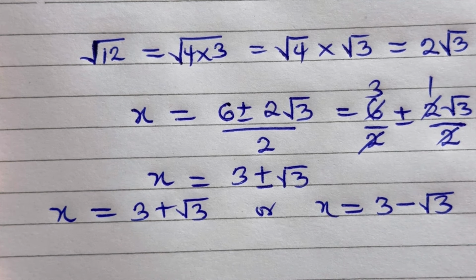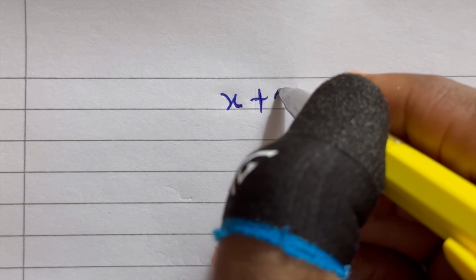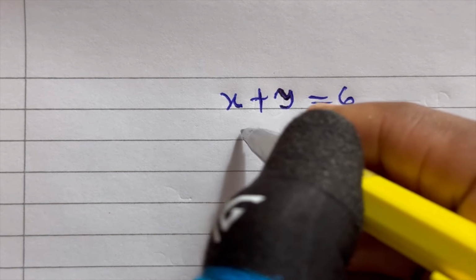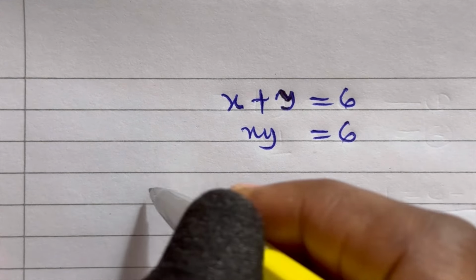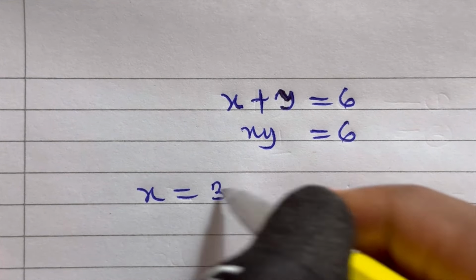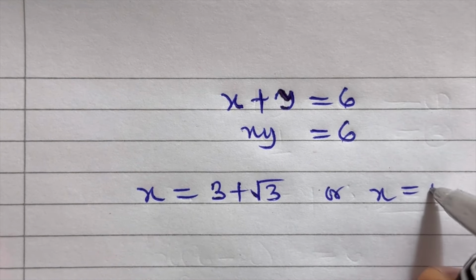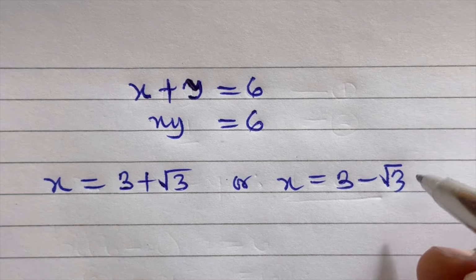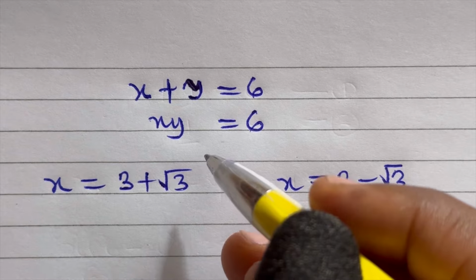And with that, we can now find the corresponding value of y. Remember the given equations where x plus y is equal to 6 and xy is equal to 6 as well. Now we have that x is equal to 3 plus root 3, or x is equal to 3 minus root 3. With this, we can now substitute into any of these equations to get our corresponding value for y.